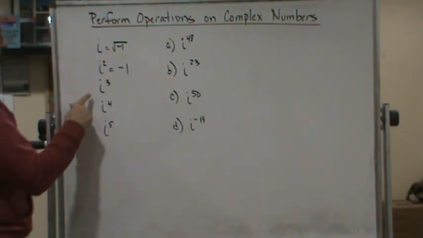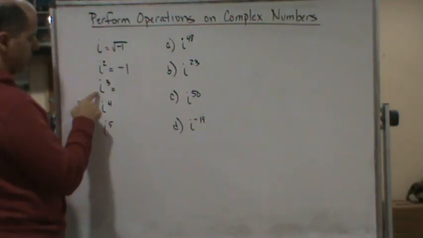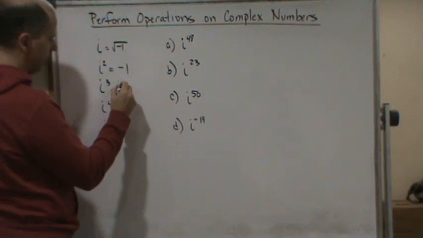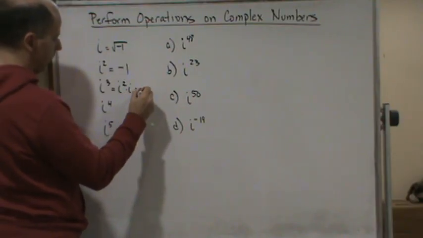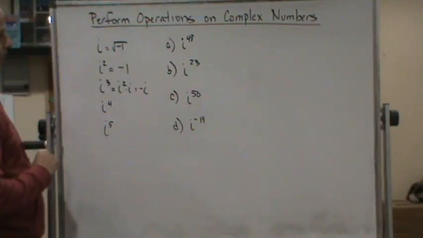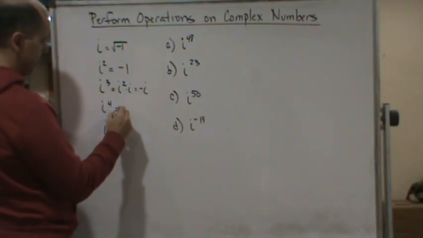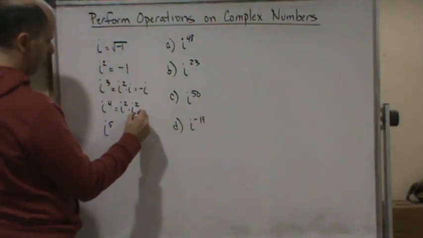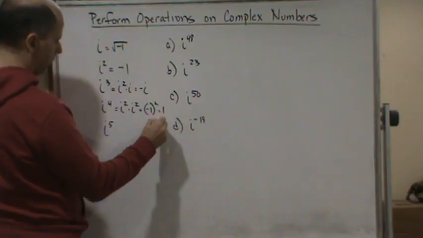And then i cubed is what? Well, you could look at it as i squared times i, which is just going to be -i. And then i to the fourth, you could look at this as i squared times i squared, which is -1 squared, which is +1.